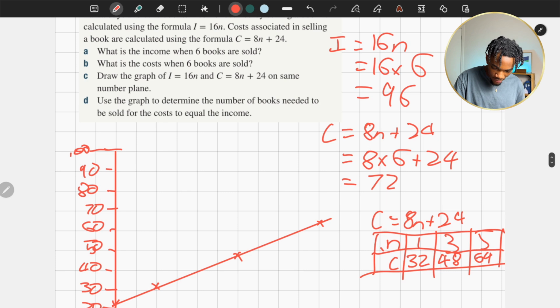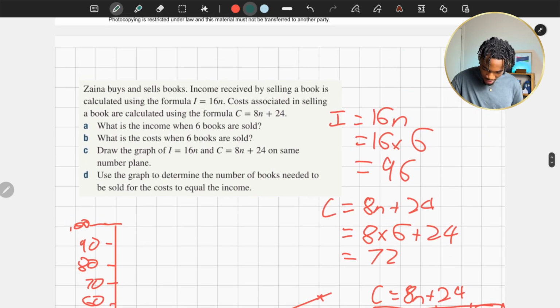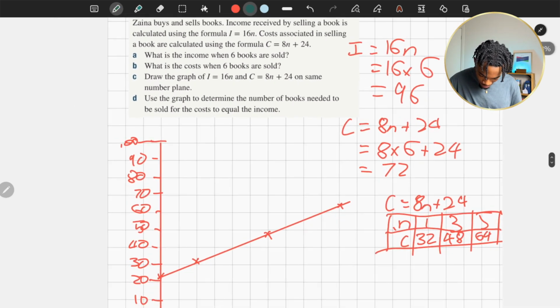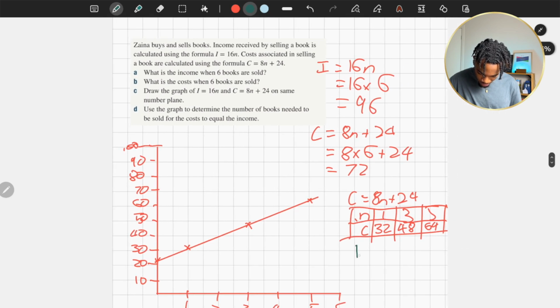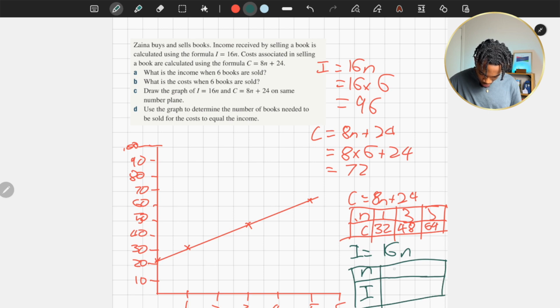And for our other graph, I equals 16n, just write values for I. N is the same points, 1, 3, and 5. So 16 times 1 is 16, 16 times 3 is 48, and 16 times 5 is 80.